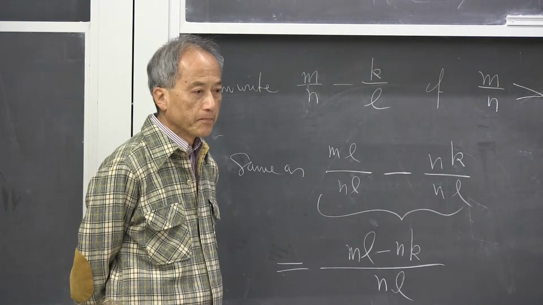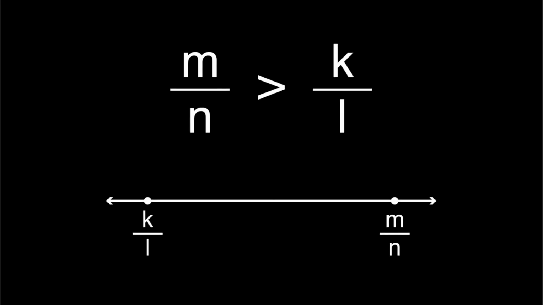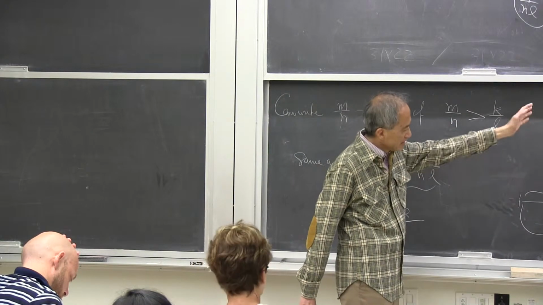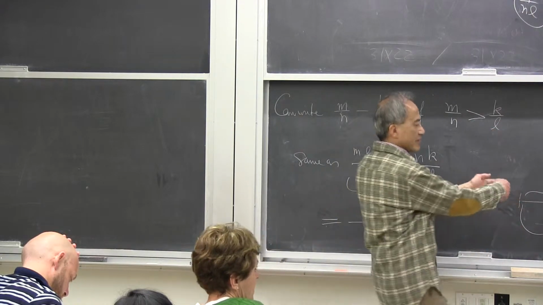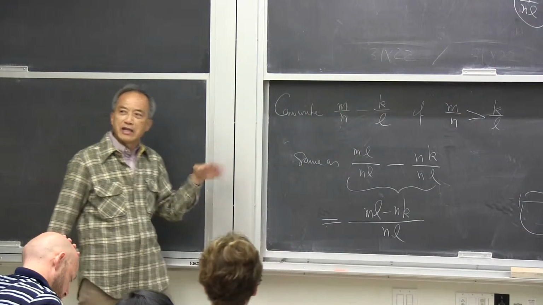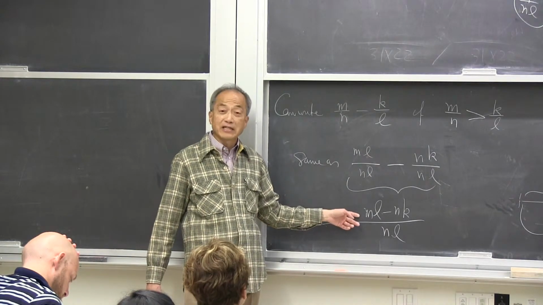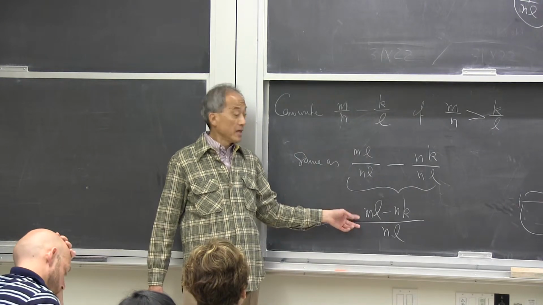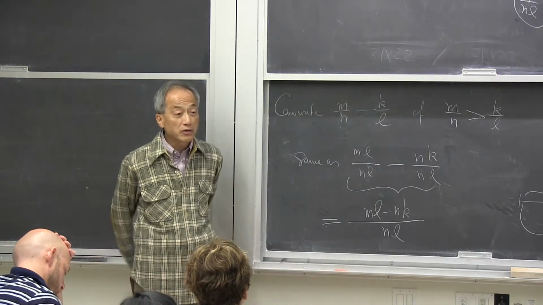Okay? You would wonder and say, well, it's all pictures, and if it's bigger than KL, then you can say, so that's the answer. But let me ask you, did it ever occur to you that maybe this doesn't make any sense? ML may be less than NK, in which case what's going to happen?